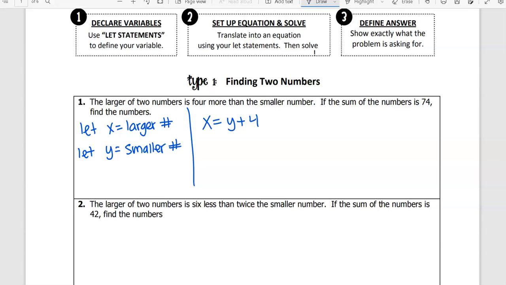What else do we know? The sum is 74. What does sum mean? Adding them together. Good. Sum means to add. So if I add the 2 numbers together, it's going to equal 74.